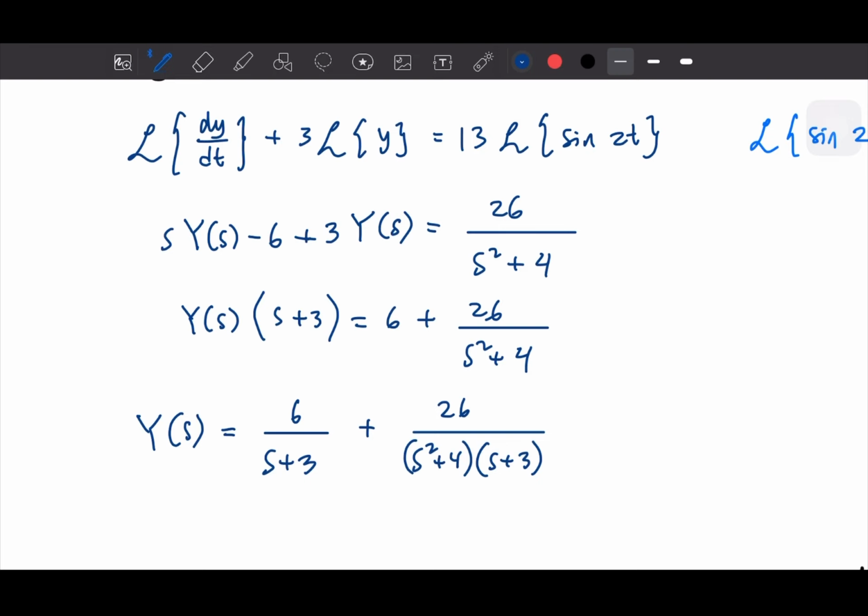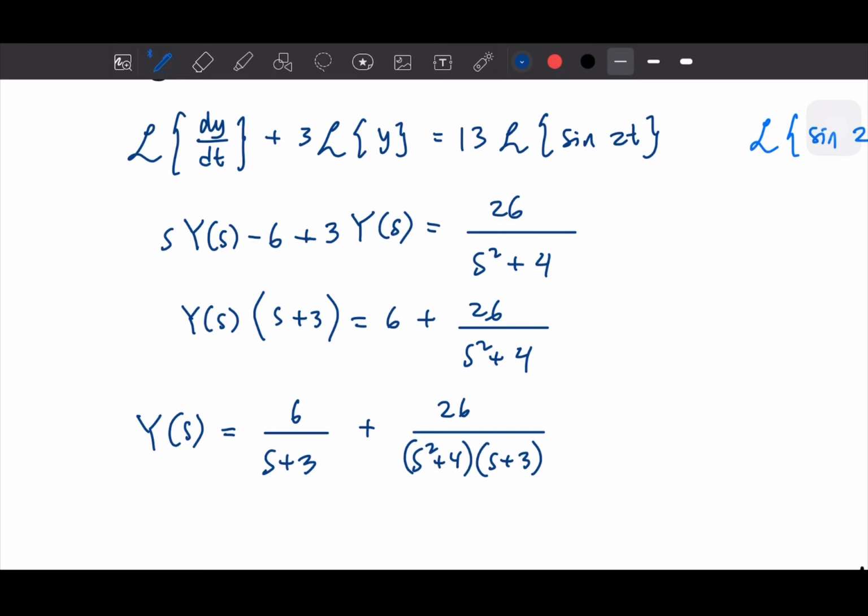Well, it seems that we need to solve this. I think that 1 over s plus 3 we can inverse easily, right? This one becomes an e to the power. But for this one, we need to separate them. Right? We can use the partial fraction.